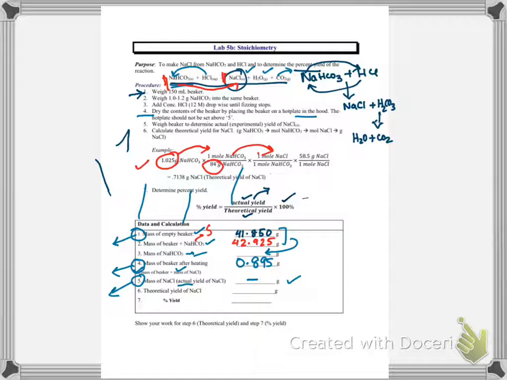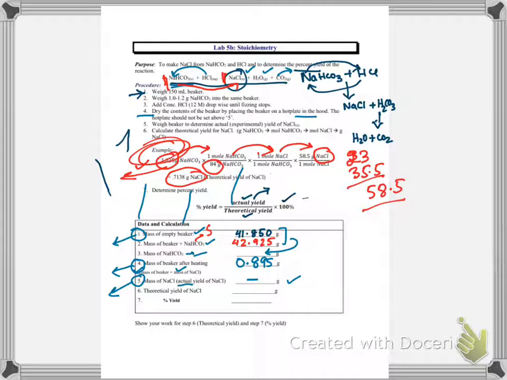These moles of NaCl, you have to convert to grams of NaCl by using the molar mass of NaCl, which is 58.5, because sodium is 23, chlorine is 35.5. Class, this is just an example. So what it means is that if you're starting with 1.025 grams of sodium bicarbonate, then theoretically you should produce 0.7138 grams of NaCl.